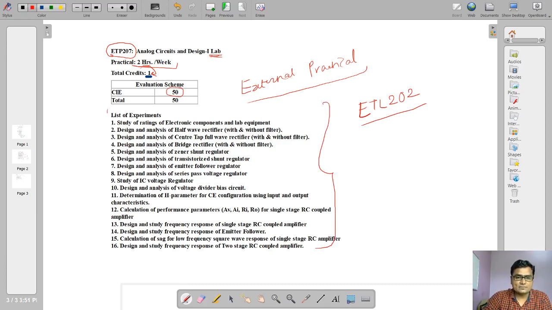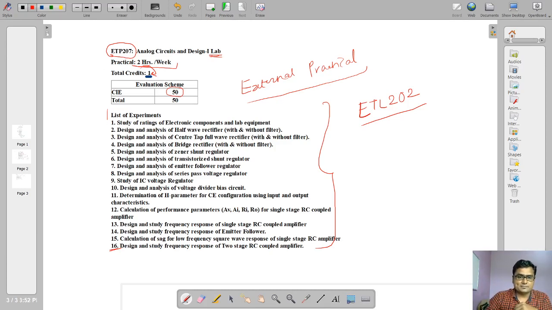This is the list of experiments. We have a total of 16 experiments. Out of the 16, 10 to 12 experiments we have to perform in the lab. Sorry, 10 to 12 only. So now it's our business. It's you and me who are supposed to decide those 12 experiments.